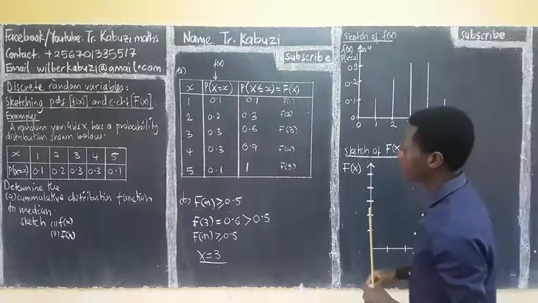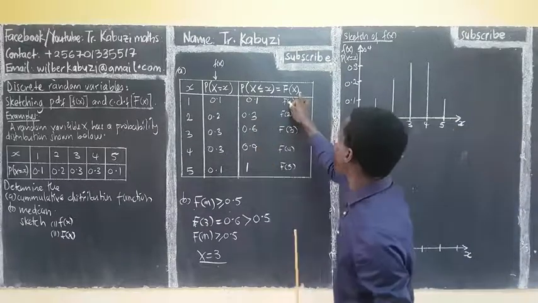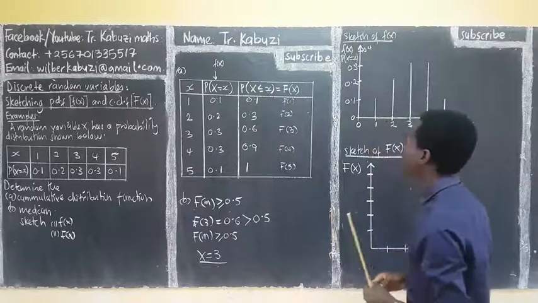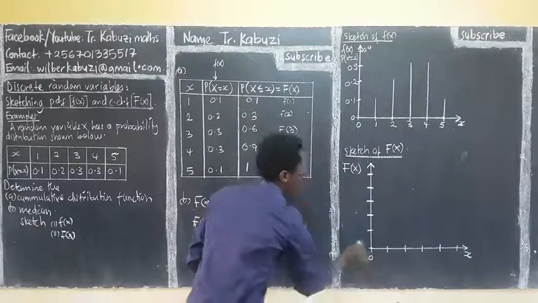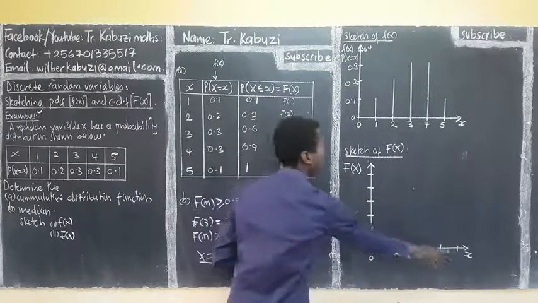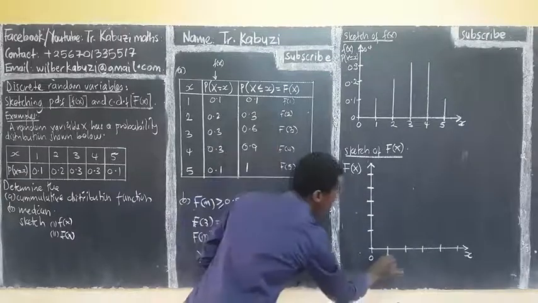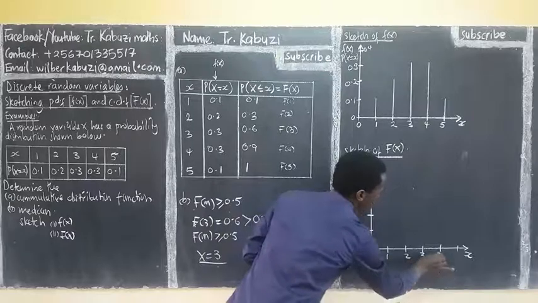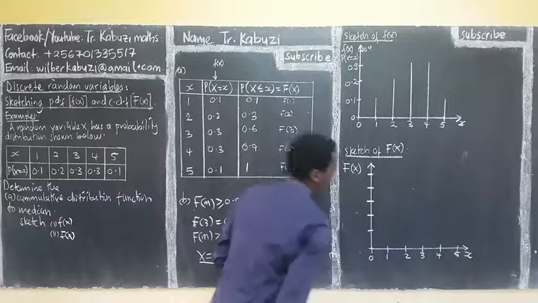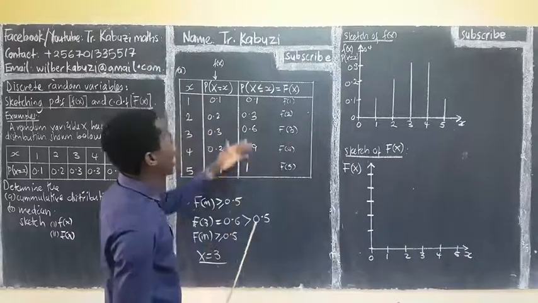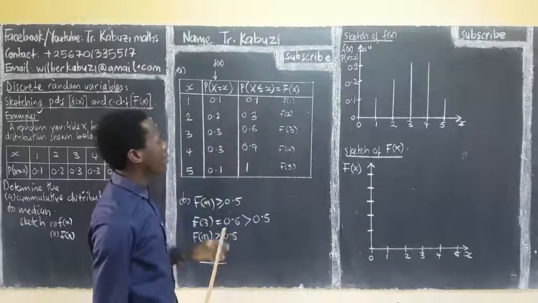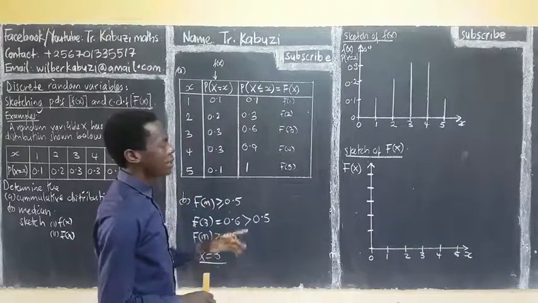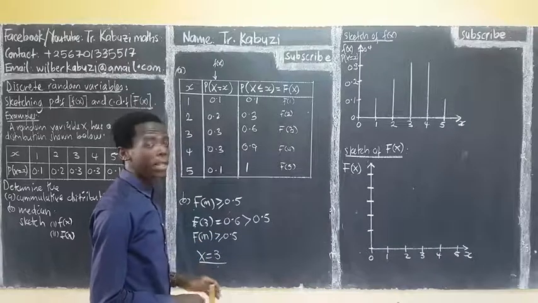Then when we are sketching the capital F of x, or the cumulative distribution function, still we are plotting capital F of x against x. So 1, 2, 3, 4, and then 5. Here I can use a scale of 0.2.